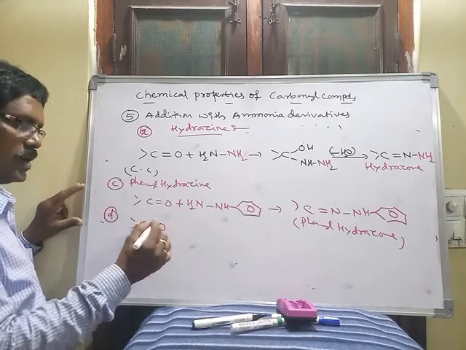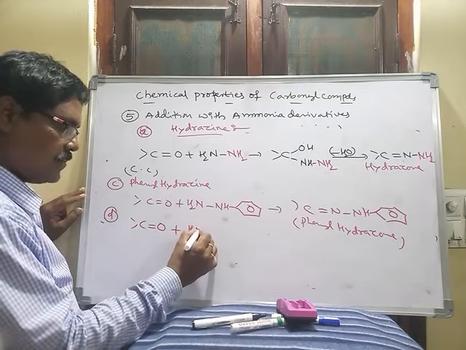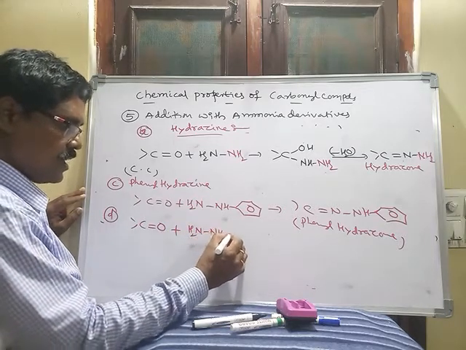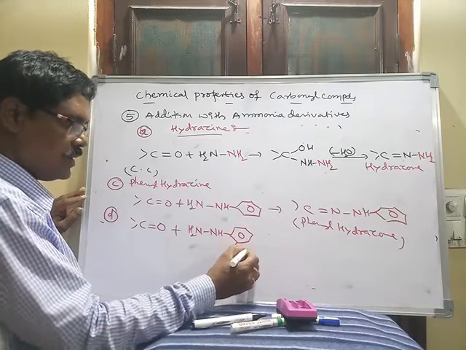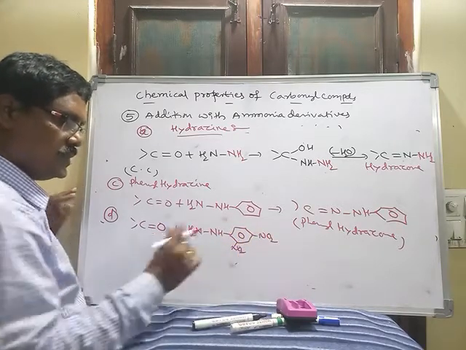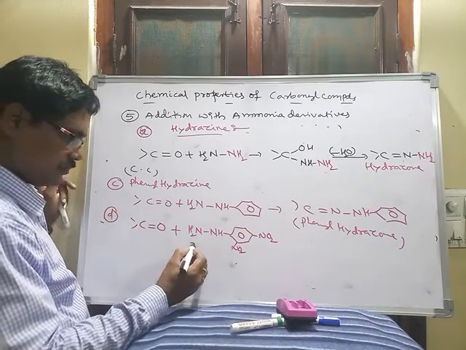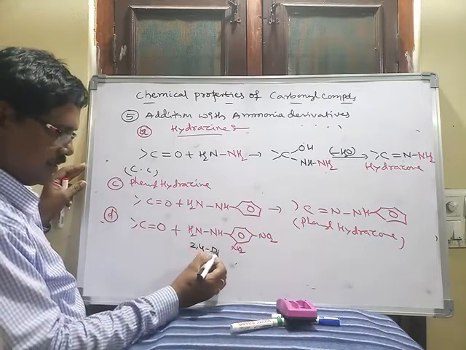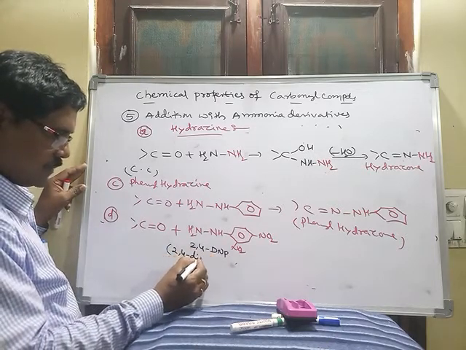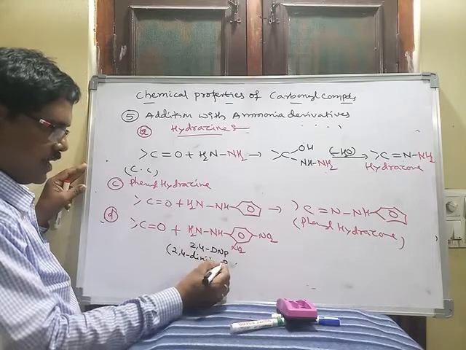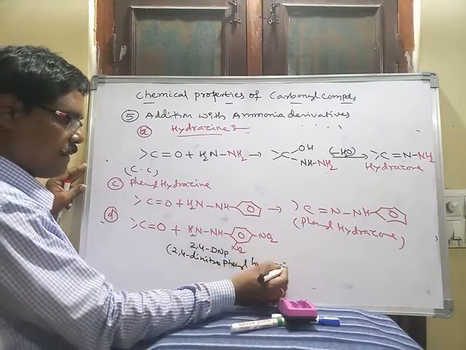Now next, the C=O carbonyl compound reacts with H2N-NH attached to a benzene ring with an NO2 group here and an NO2 group here. This is called 2,4-DNP, that is 2,4-dinitrophenylhydrazine.